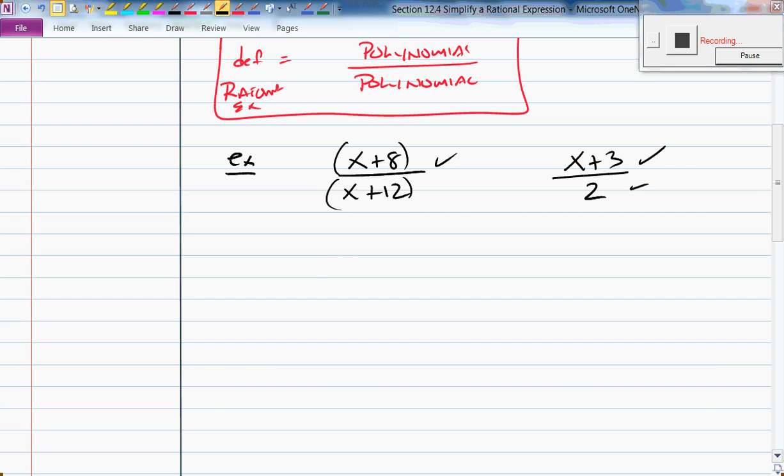X squared plus 3 all over 2. Good. Give me another one. Okay, x cubed. Good. I got you. 4x squared over 2. You guys like that over 2 a lot.